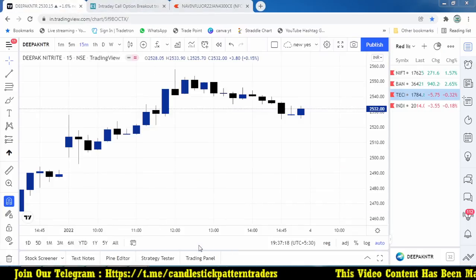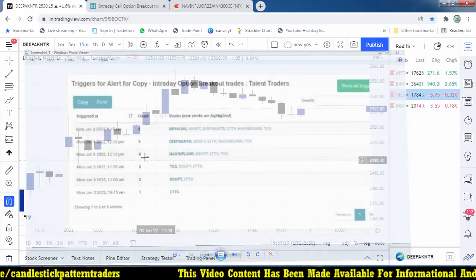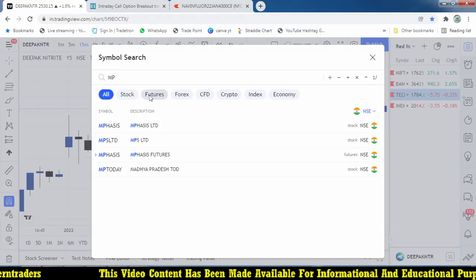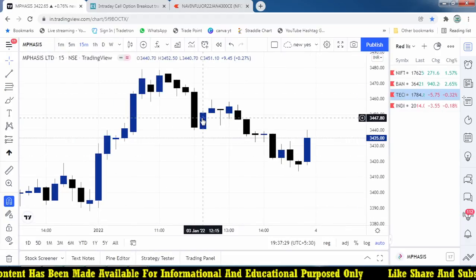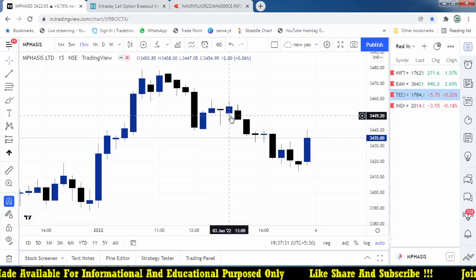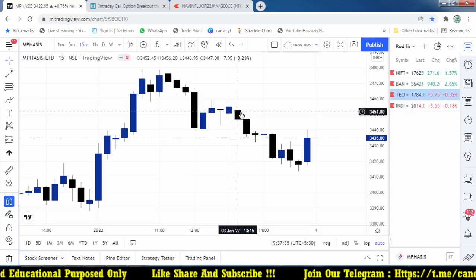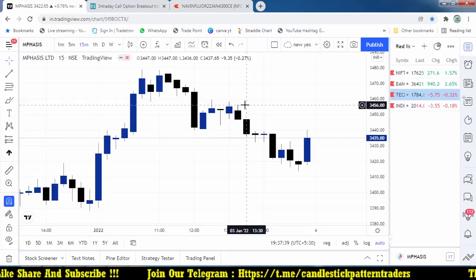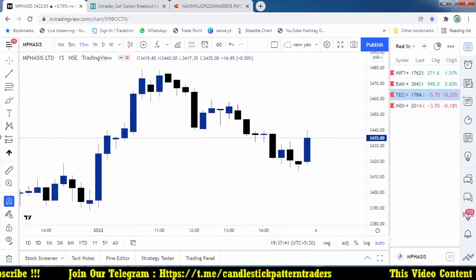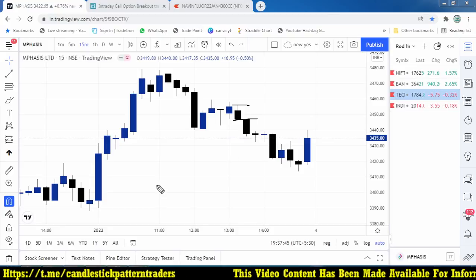That is happening at 1:15 p.m. This candle at 1:15, the closing price of the stock is 3,447. Even this is not triggering above that entry point, so we don't have any opportunity in futures, and we didn't get any opportunity in options also.